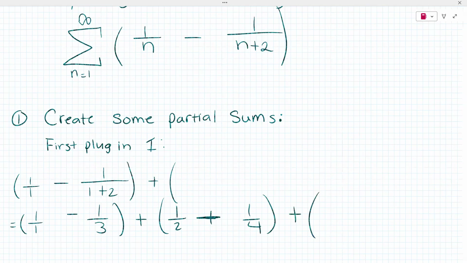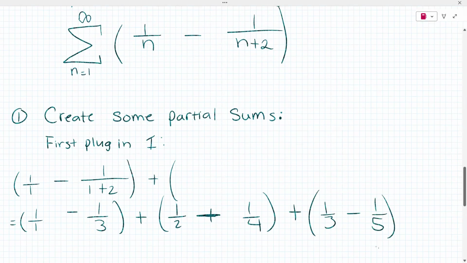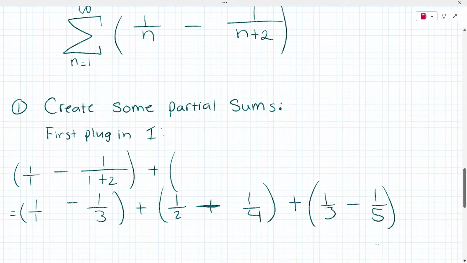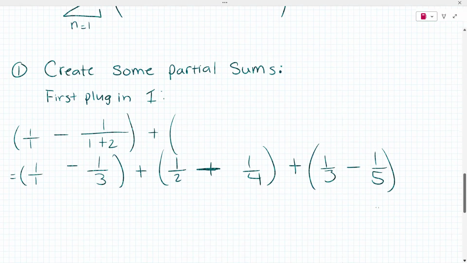And then if I plug in 3, we're going to get 1/3 minus 1/5, since 3 plus 2 is 5. And then when I plug in 4, it would be 1/4 minus 1/6, since 4 plus 2 is 6.